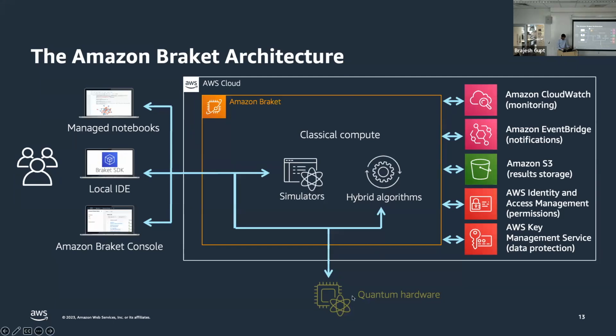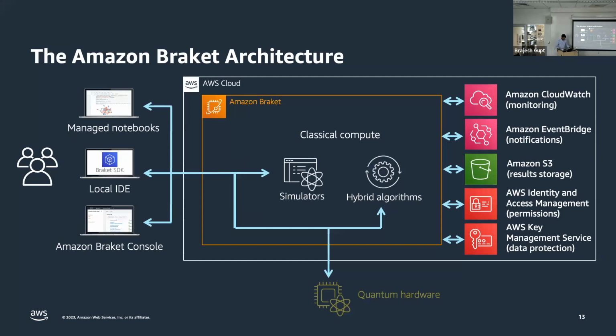If you see, the quantum hardware is not part of AWS cloud, right? Because there is a reason for that. The current quantum hardware that we have is provided by third-party vendors. For example, you might have heard of Rigetti, IonQ, QuEra, and Oxford Quantum Circuits. They are all located around the world. For example, Rigetti's hardware is somewhere on the West Coast in Berkeley.